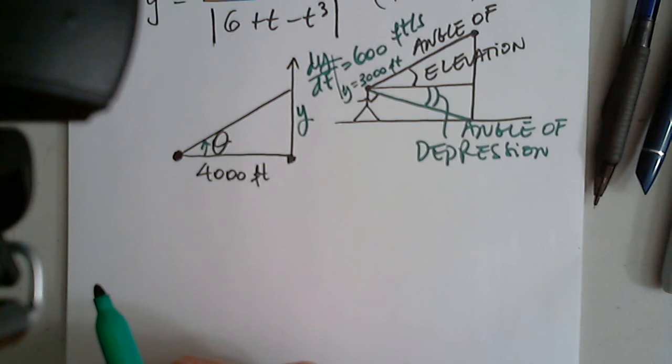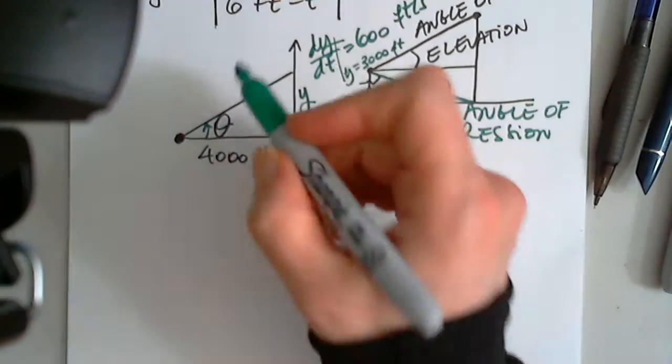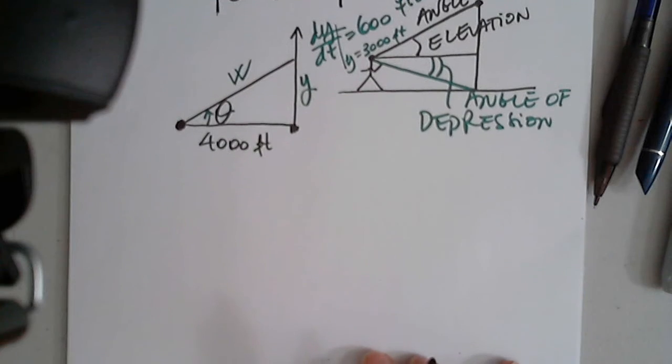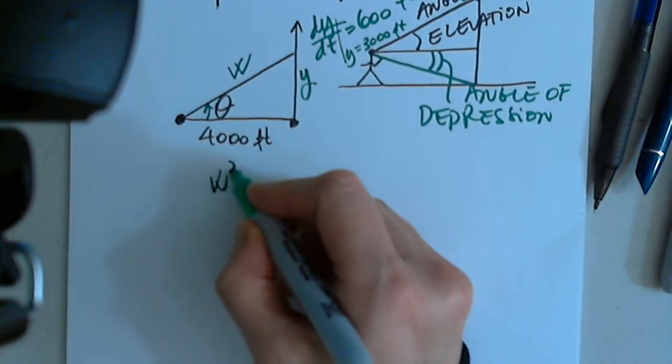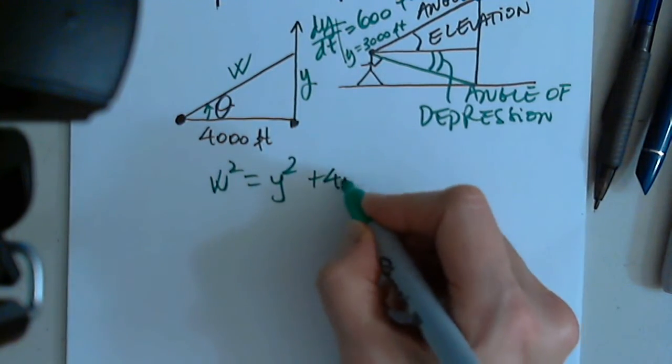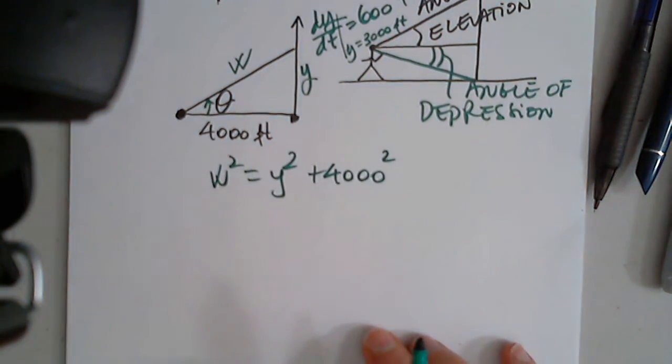How fast in feet per second is the distance from the camera to the rocket changing at that moment? Okay, so I'm going to call this W, and we have W squared equals y squared plus 4,000 squared.